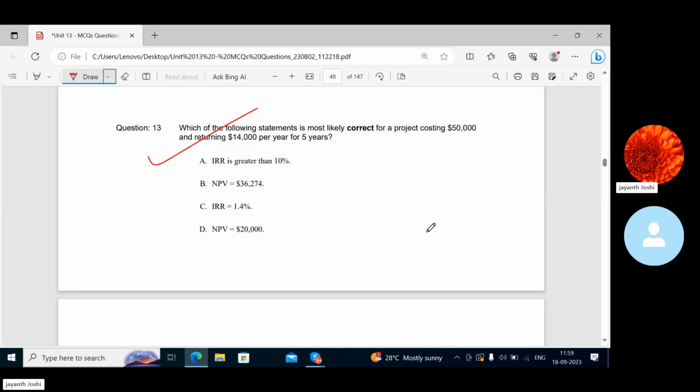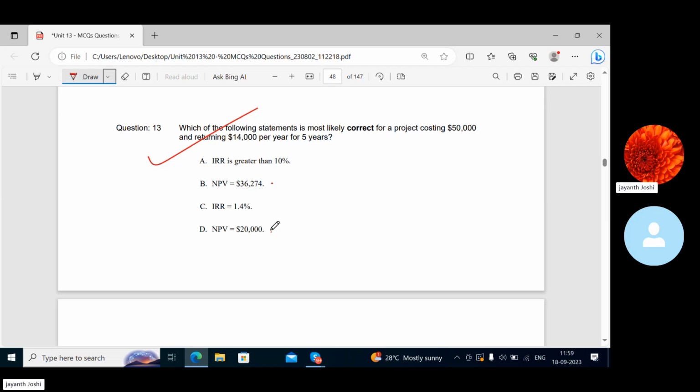Which of the following statements is most likely correct for a project costing 50,000 and returning 14,000 per year for 5 years? For that, you need to first find out the NPV and check the clarity, to rule out this and this.